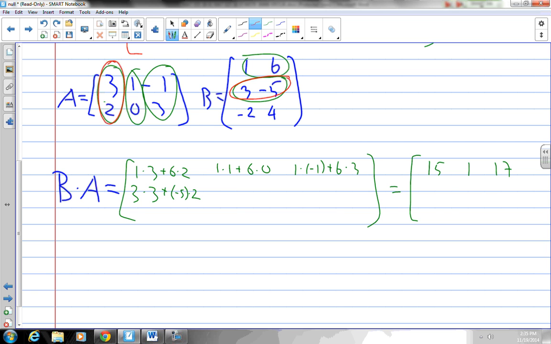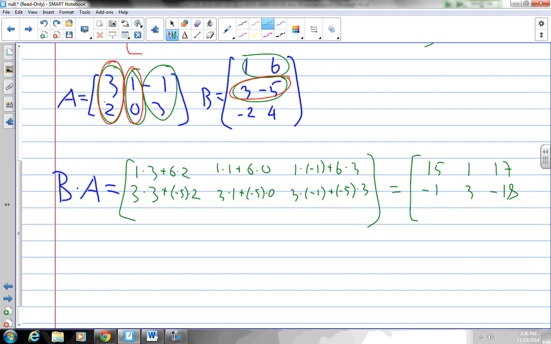And then we'll do this guy with the middle guy, so that will give me 3 times 1 plus negative 5 times 0, and then 3 times negative 1 plus negative 5 times 3. So we'll end up with 9 minus 10, so negative 1, 3, and then negative 3 minus 15, negative 18. Is that right? Yeah, that is right.